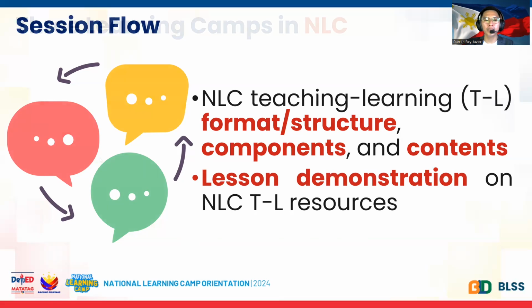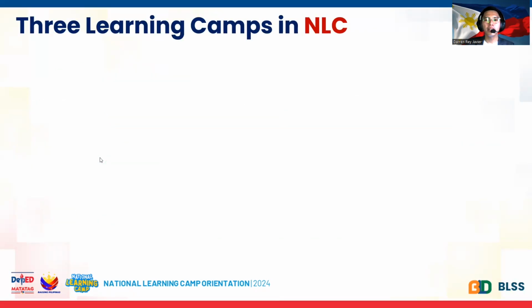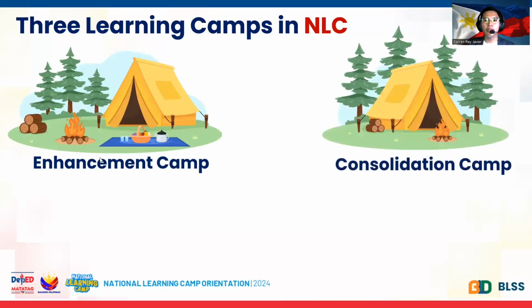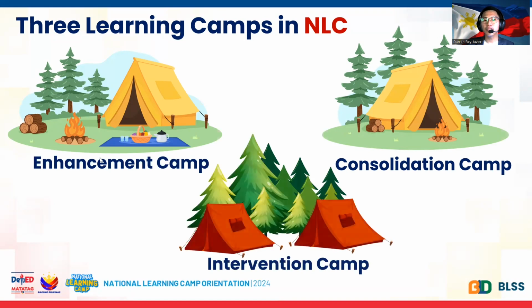In the NLC, there are three camps, and these are: first, we have the enhancement camp. The second, we have here the consolidation camp. And the last one is the intervention camp. So let us have a quick review of what are these camps all about and how are they different from each other.